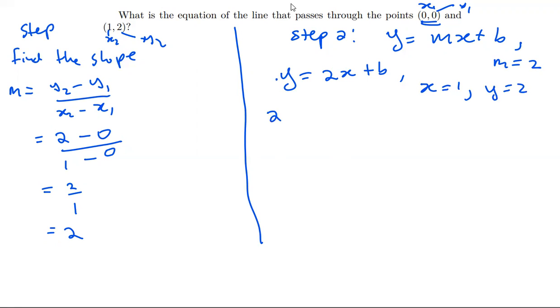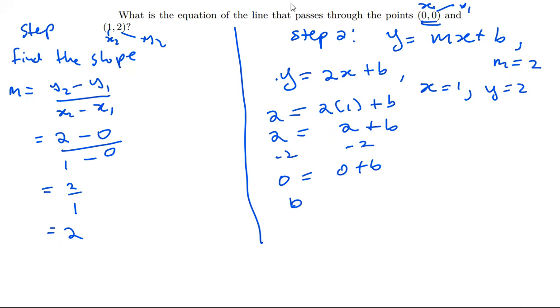So we can do 2 is equal to 2 times 1 plus b. So 2 is equal to 2 plus b. And if we subtract 2 on both sides to get rid of this 2, we get that 0 is equal to 0 plus b, or that b is equal to 0. So the equation of this line is y is equal to 2x plus 0, or just y is equal to 2x if we want to be neat.